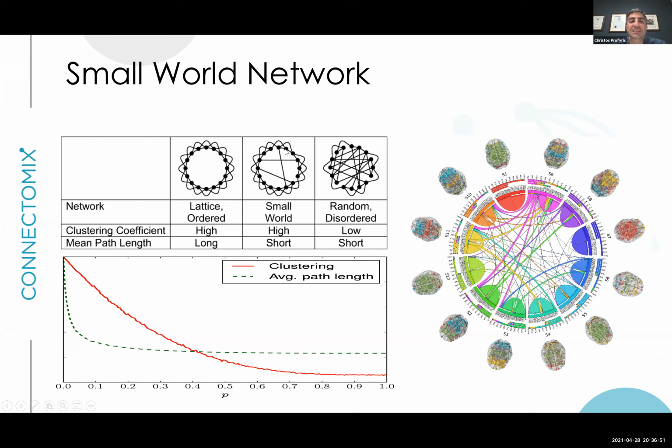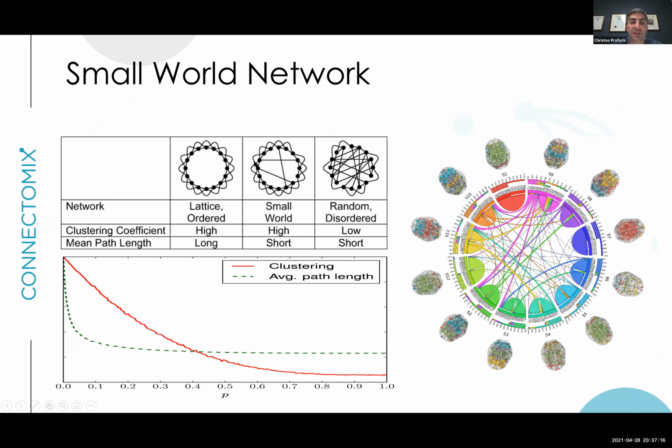But if you delete some of those edges and change those connections and make some cross-chord connections, then if the frontal lobe has to talk to the occipital lobe, we've got a direct connection. So we're drastically reducing the average path length and making it short. And because we're only making some minor deletions, we still have very high clustering coefficients.